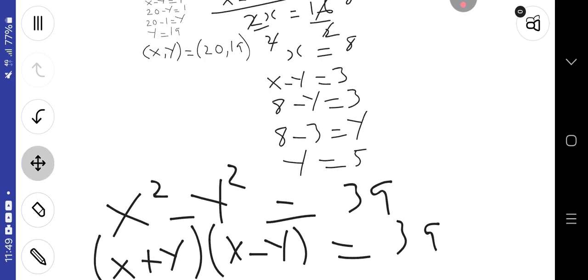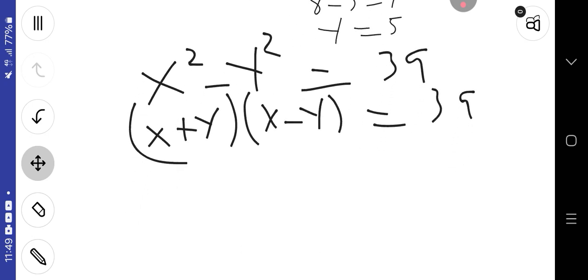Let's put in the values for case 2: x is equal to 8 and y is equal to 5.